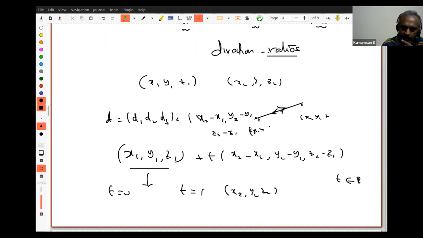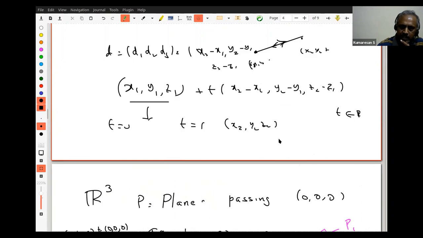Therefore, as I move in the positive direction, I start with x1, y1, z1 and move to x2, y2, z2. And therefore, this is a line passing through these 2 points. Right? Now that immediately tells you how to find the equation. Suppose the point x, y, z lies on this line.